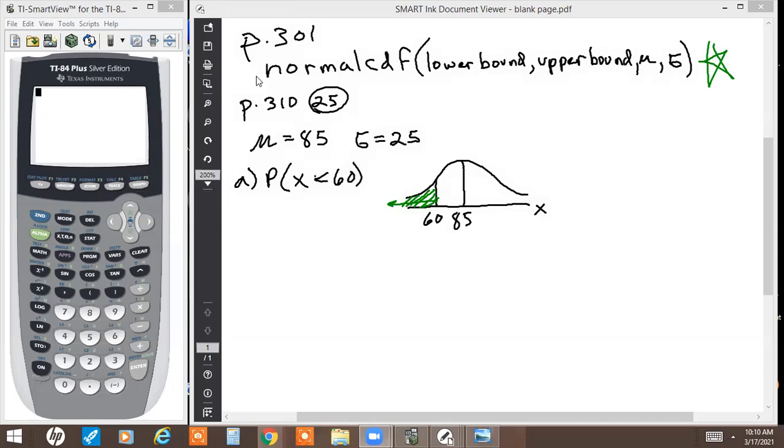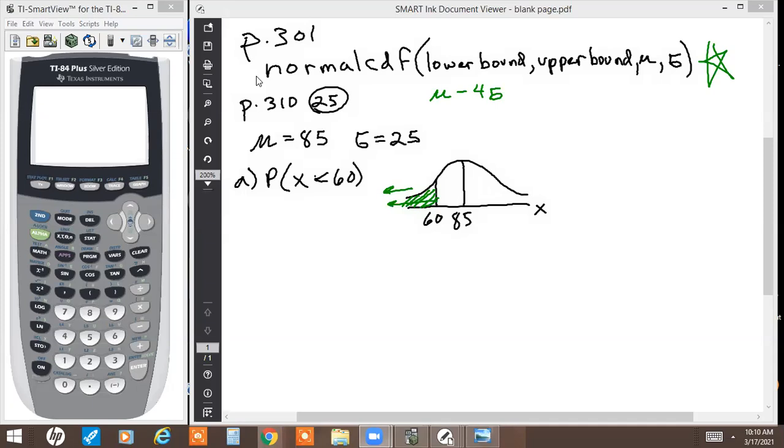Now notice it keeps going to the left. So what they recommend is if it keeps going to the left and there's no lower bound, then for your lower bound you do the mean minus 4 standard deviations. Because remember, plus and minus 3 standard deviations is like over 98% of the data.